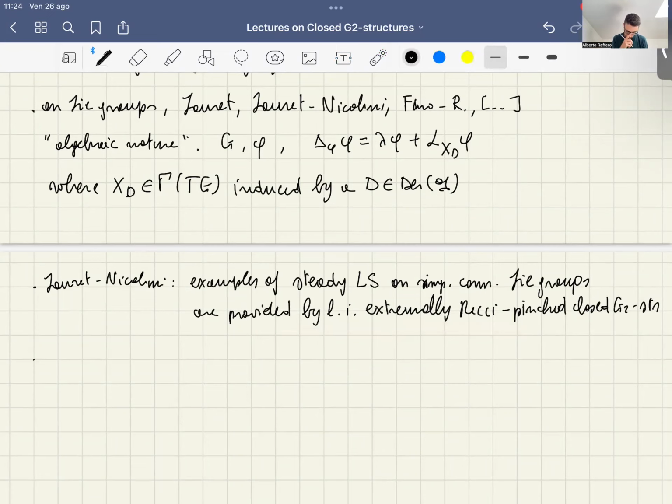And to conclude, let me recall that we also have now some non-homogeneous examples of gradient type that are steady or shrinking.